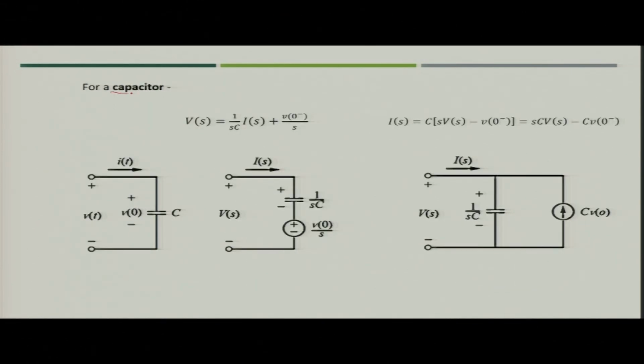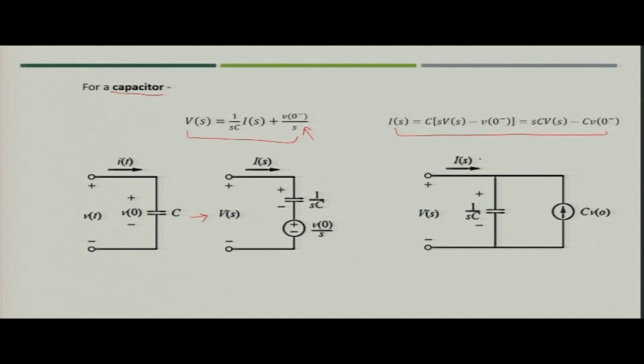Similarly, for the capacitor also we discussed that we will have two equations, one for voltage and another for current. For voltage, if you transform the time domain circuit into S domain, it will be as shown in the figure, where V naught by S is the initial condition, that means the voltage across the capacitor at time t equal to 0.